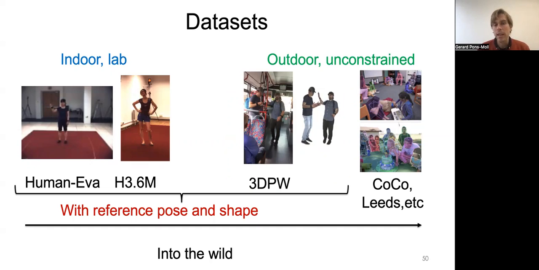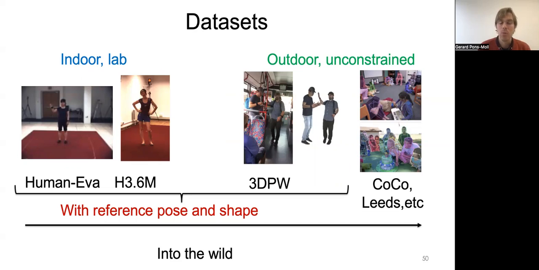Nowadays, we have other data sets like 3DPW that include outdoor scenes of people interacting. Actually, this was a project that I was leading, and if you check the data set, you will recognize many parts of Tübingen where we collected this data.